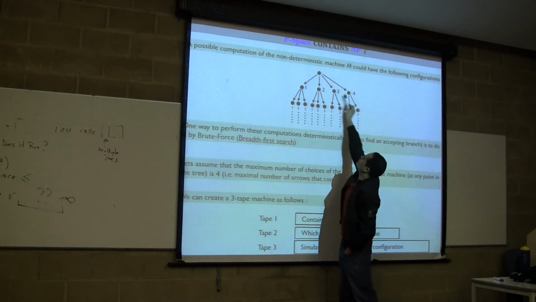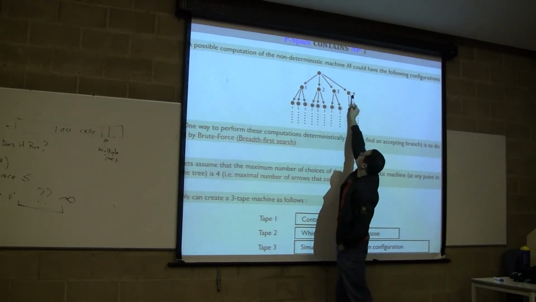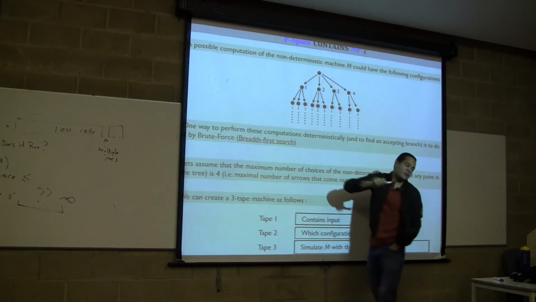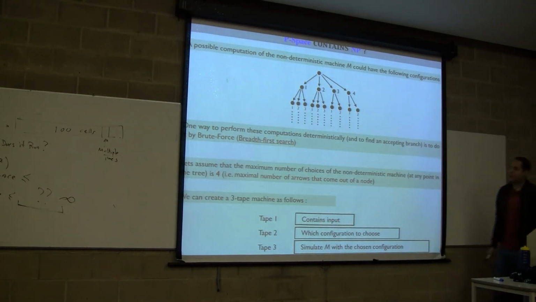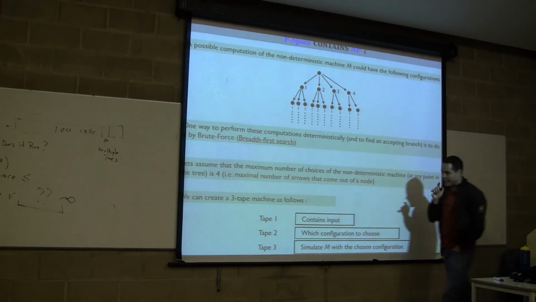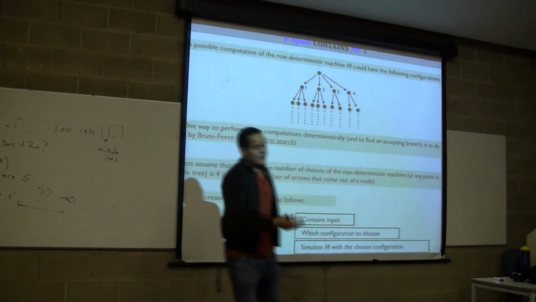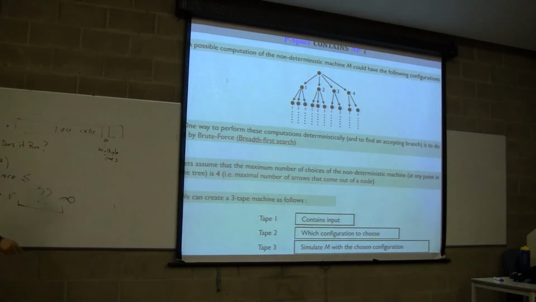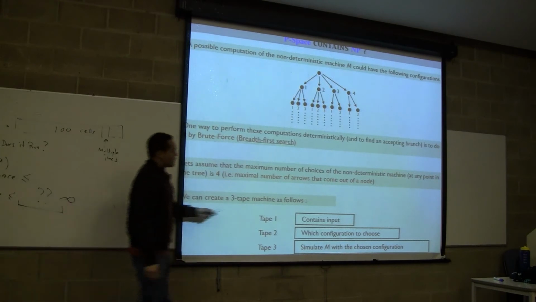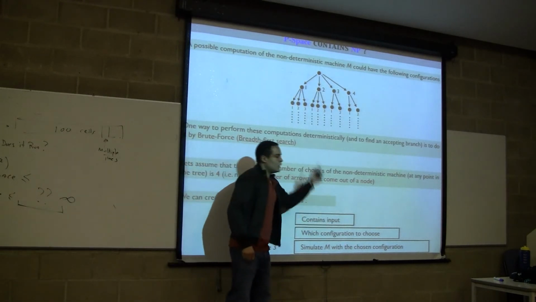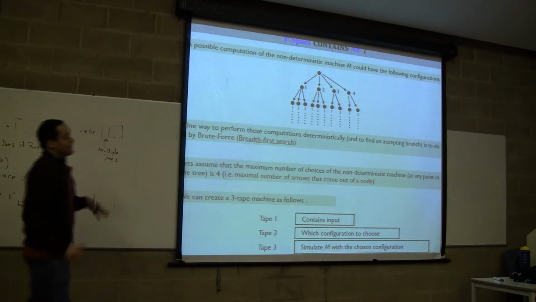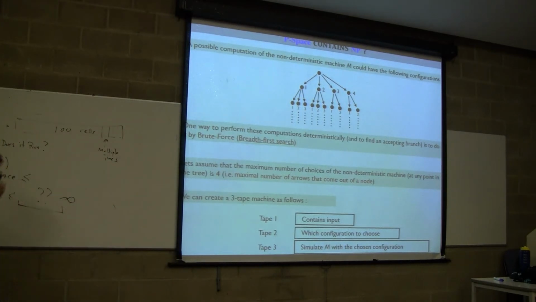So basically I generate these possibilities, and then I run through them to check if it's the end state, the halting state, or not. And the way people typically do this is to transform it into the following. They take a Turing machine and divide the memory into different parts. The memory is divided into a part that contains the input. In the case of the Hamiltonian graph, that will be the nodes, the graph, and the input, so the initial node and the final node.